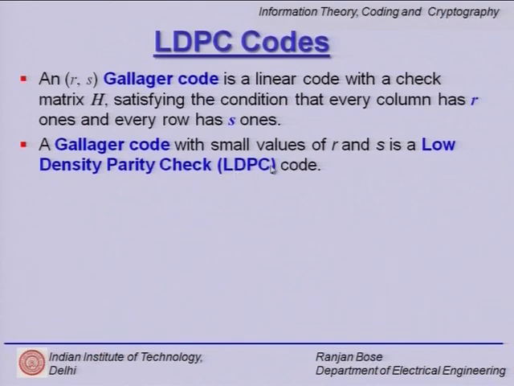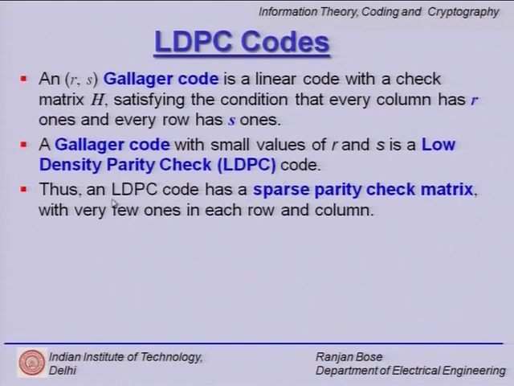But if most of the elements are 0, then the computational load really goes down. So, the question is, can we still have good distance properties despite having a highly sparse parity check matrix, that is, the density is pretty low?